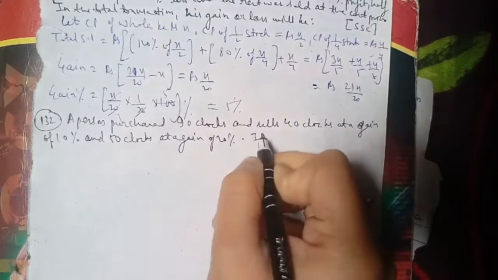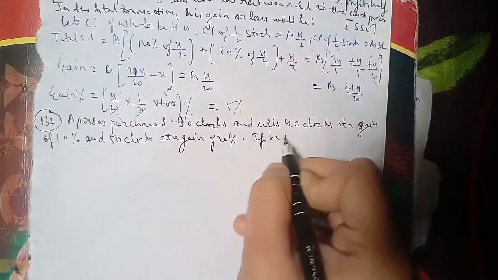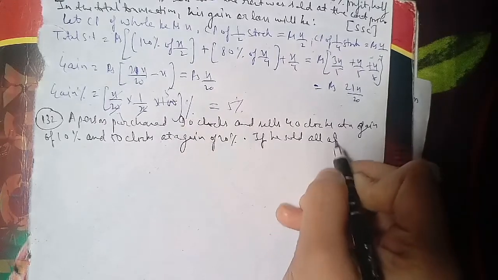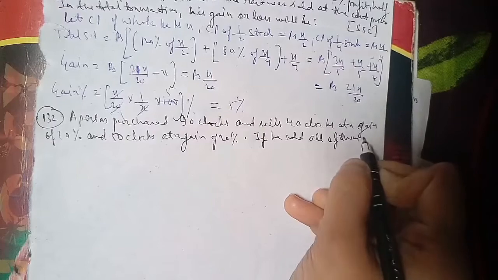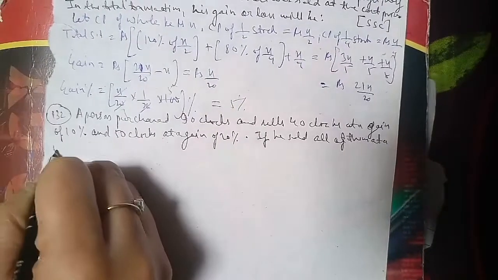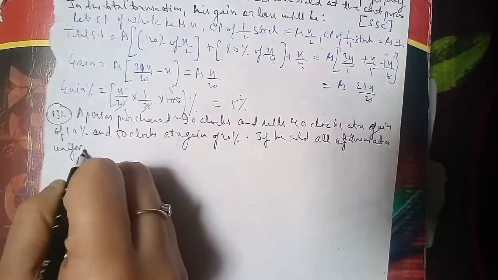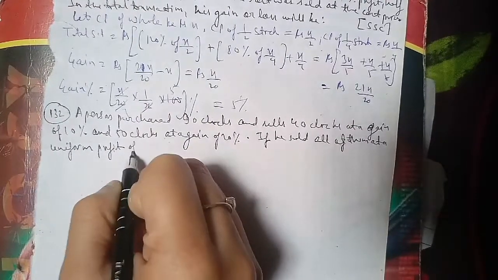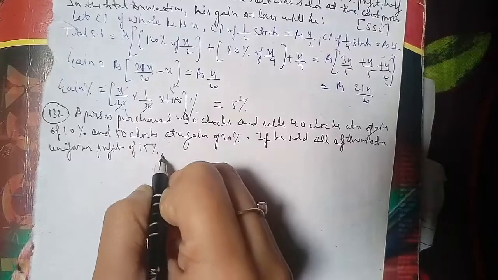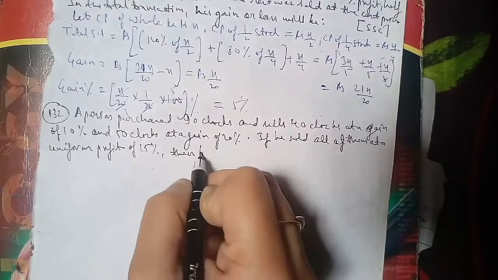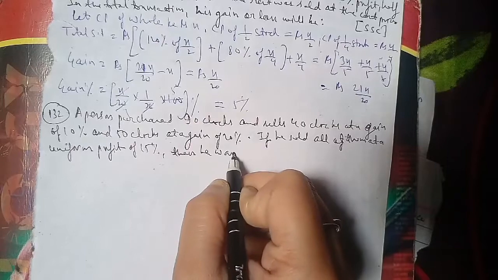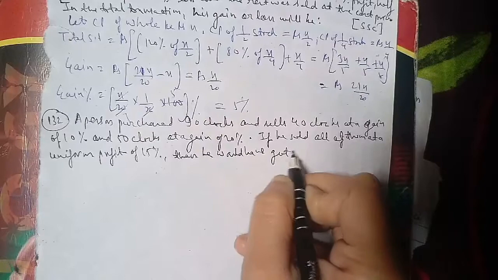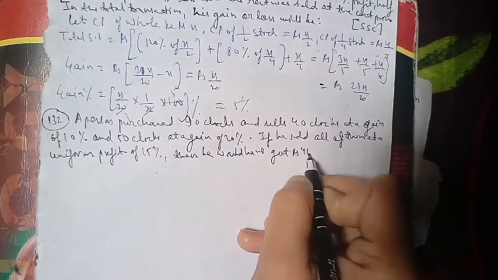If he sold all of them at a uniform profit of 15%, then he would have got rupees 40 less.